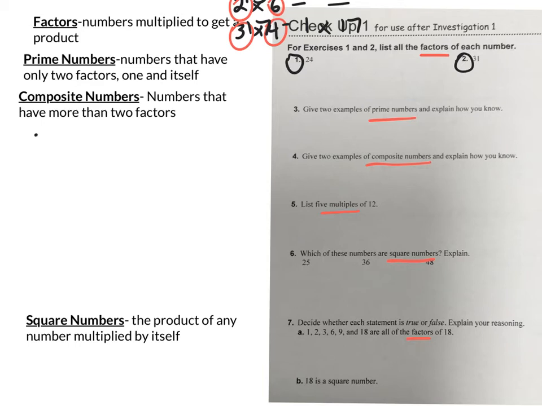Here's a composite: 6. 1 times 6, 2 times 3. This number has 1, 2, 3, 4 factors. I wrote them down as factor pairs.